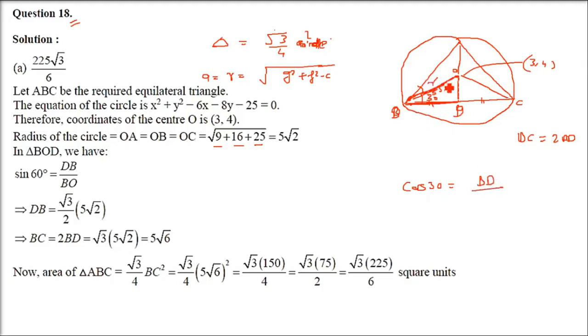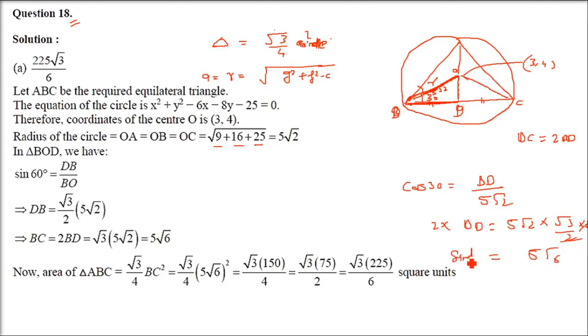So cos 30 equals base upon hypotenuse, BD by 5 root 2. BD will be 5 root 2 into cos 30. Cos 30 is root 3 by 2. Twice of BD we have to find because we are interested in BC. Multiply by 2, 5 under root 2, under root 3 will give you root 6, 5 root 6. So this is your BC.